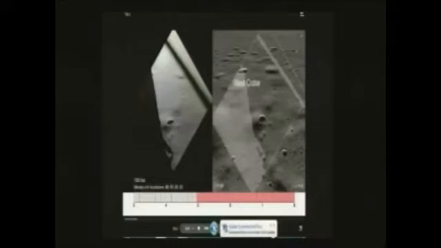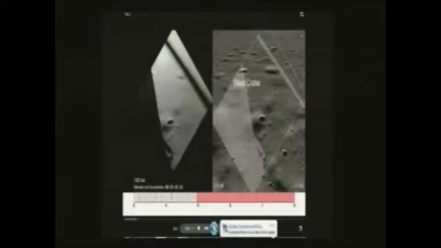The right-hand picture is composed of images from LRO in the last 2 years and recreated the descent. So you see in the right-hand side of the picture an image that accurately reflects what the crew, what we in the lunar module Eagle actually saw while we were going down.